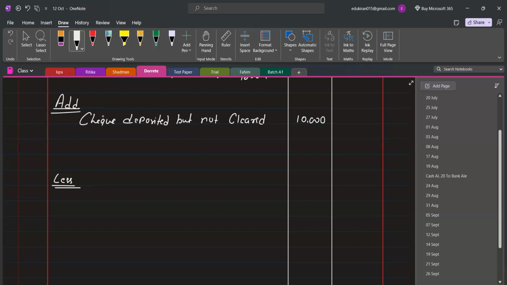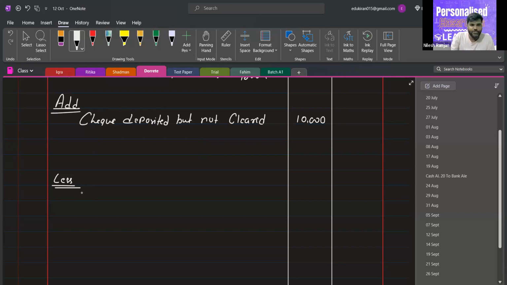But we will write it in the less column. Very good. Check issued but not presented for payment: 7,000.